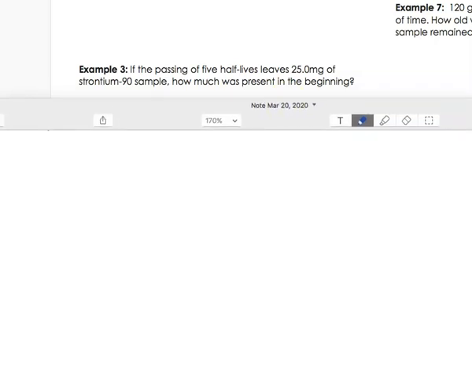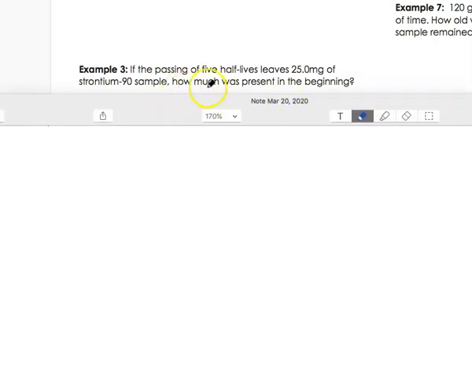So for this one, it's saying that after 5 half-lives, you end up with 25 milligrams. And what the question is asking is how much was present in the beginning. So we're kind of working backwards here. I am going to write 25 milligrams, and that occurs after 5 half-lives.